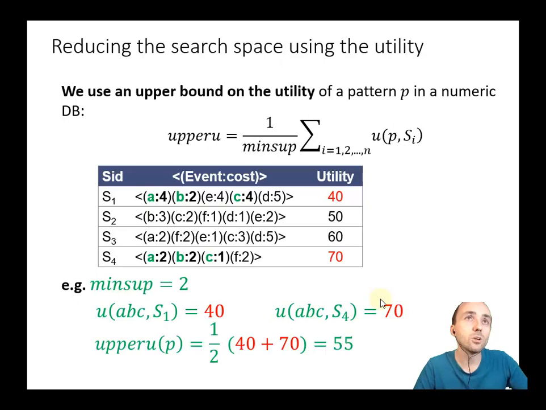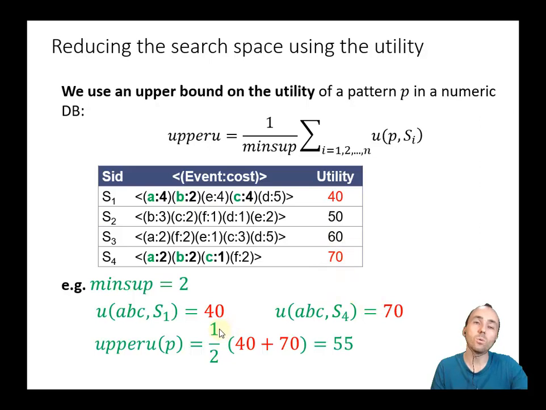Okay, so we also have some pruning properties to reduce the search space using the utility. Here I will explain quickly. We have an upper bound on the utility, 1 divided by the minimum support, multiplied by the sum of the utility of the pattern. Let me show you this with an example. The minimum support is 2, and we have a pattern ABC. ABC appears in sequence 1 and sequence 4. In sequence 1, the utility is 40, in sequence 4 it is 70.